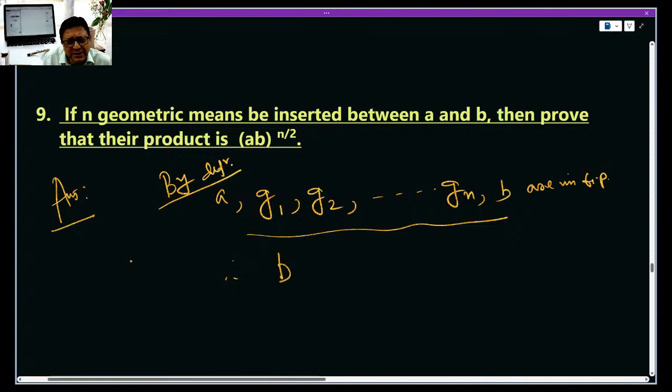Which term is B here? 1, and these n terms plus 1. So B is Tn plus 2. Isn't it? N terms in between, this plus 1 plus 1. So what does this imply? You assume that r is the common ratio here.